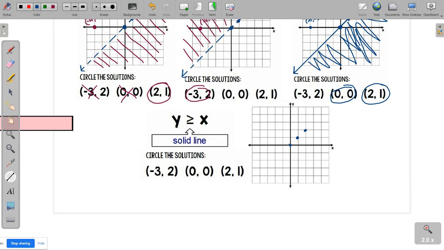Solid line that we're going to draw with a ruler. And then now we need to figure out our shading. Let's pick a point here. Let's just pick a different point. Let's pick 2 right here. So we have 2, -1.